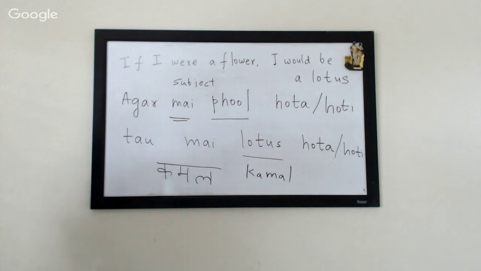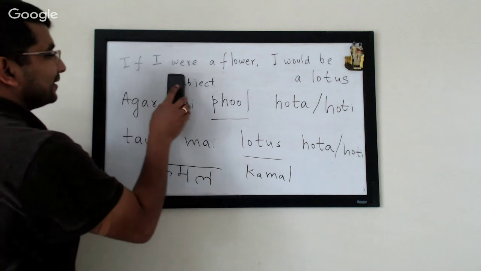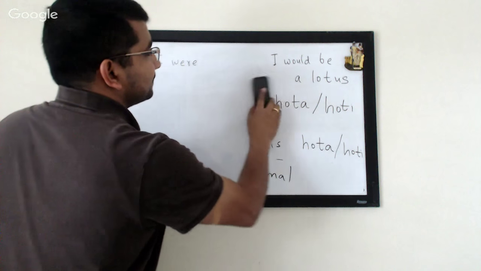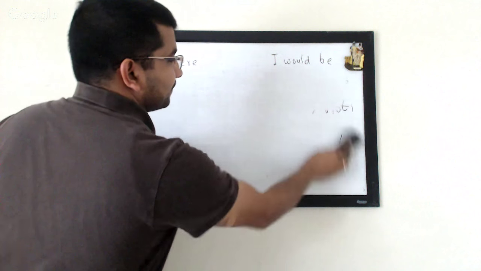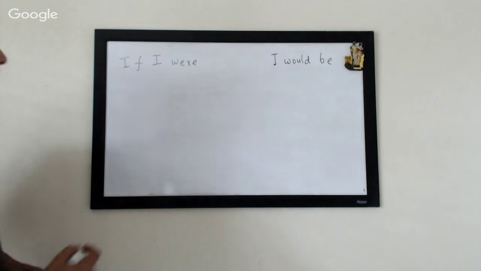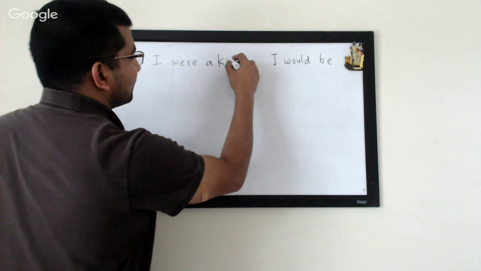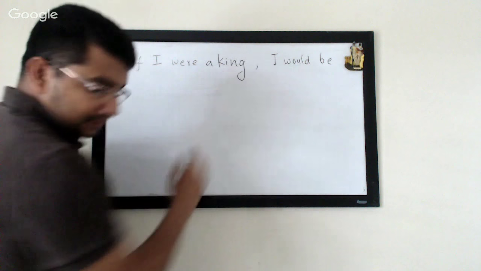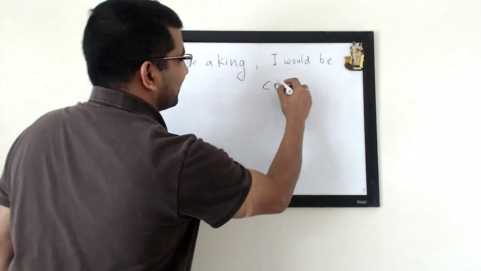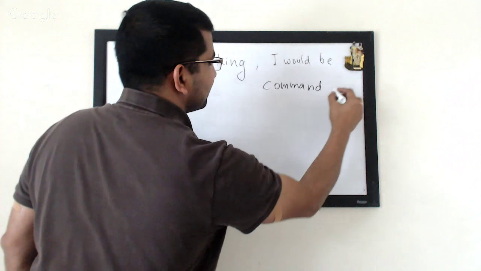Very good. So let's get going. I'll do two more, and then I'll give you the task of writing the poem. Okay. If I were a king, I would command everyone.